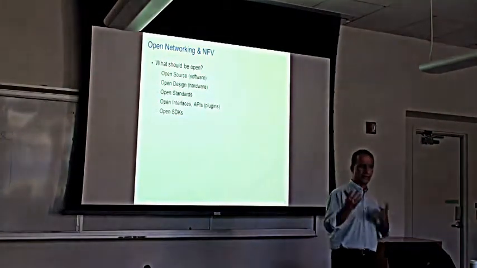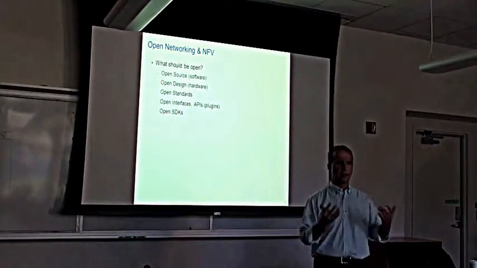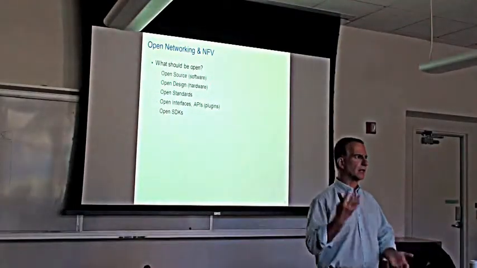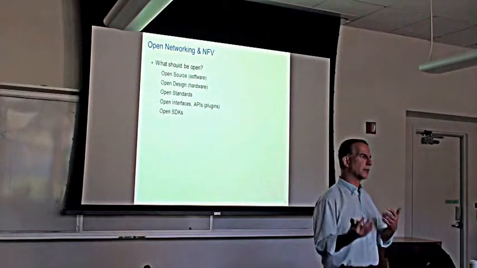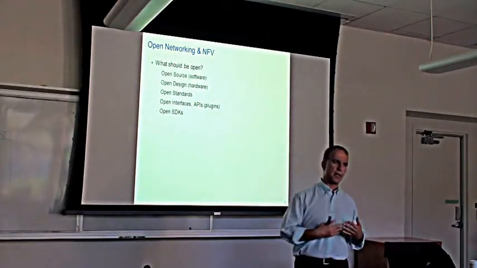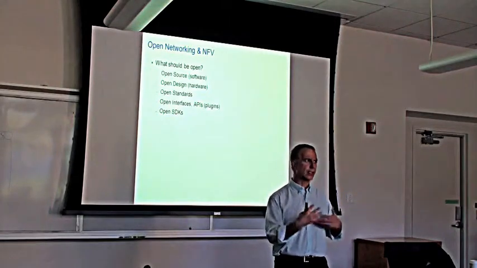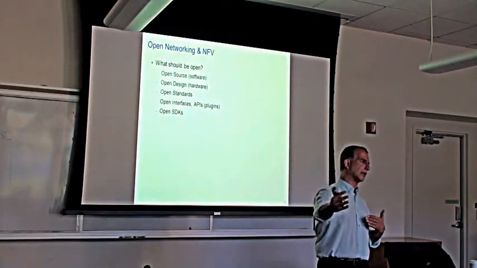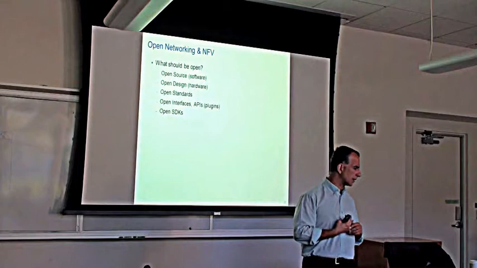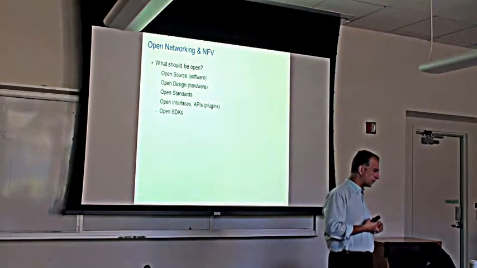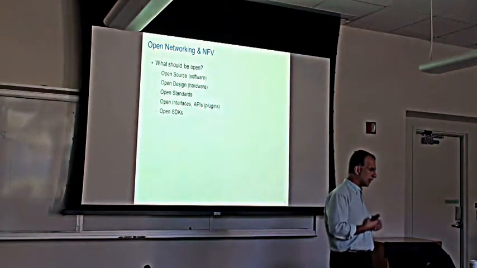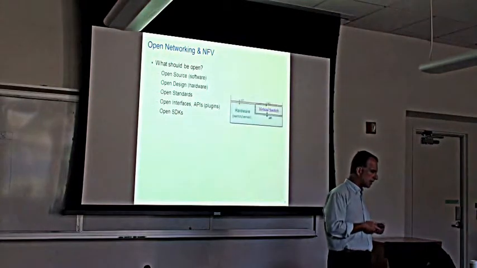Open standard sounds like an oxymoron, because a standard is a standard, right? There are no open and closed standards. But what I mean here is maybe something can start as an open effort in terms of standardizing, and then it can lead to a standard that can be adopted by one of these standardization bodies. Open interfaces, APIs, open SDKs.